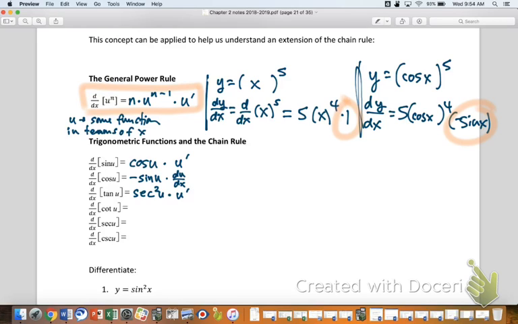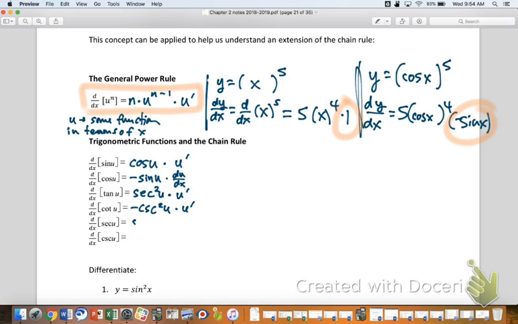Okay. And then what about cotangent's derivative? I heard cosecant. It's negative though, right? So it's negative cosecant squared of u times u prime. All right. And then the last two, the derivative of secant is? Secant tangent.